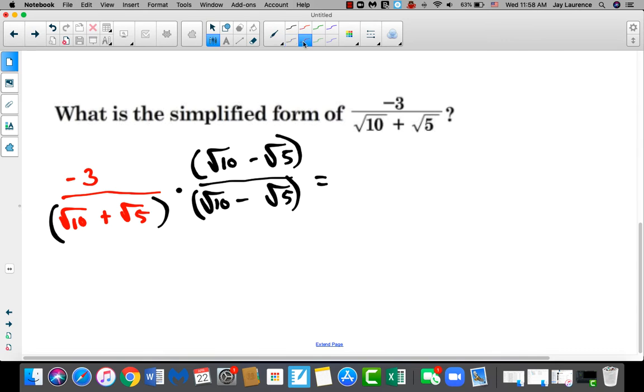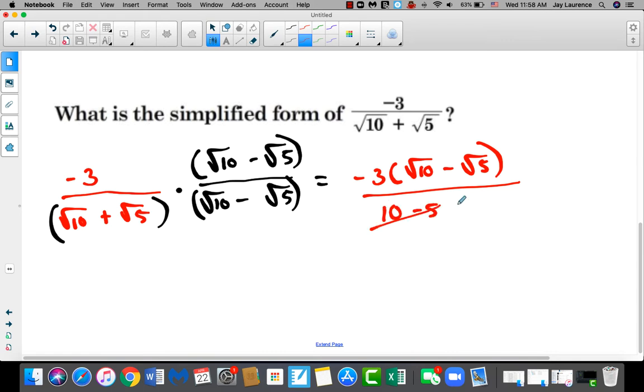All right, so when I do this, I'm going to get negative 3 times the quantity of rad 10 minus rad 5. That's going to be over 10 minus 5, which of course is 5.